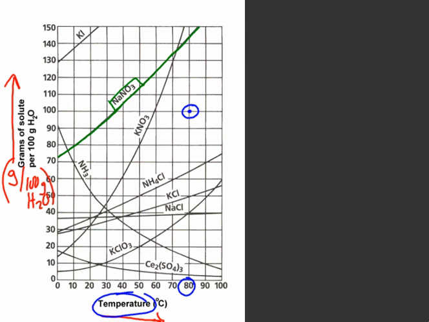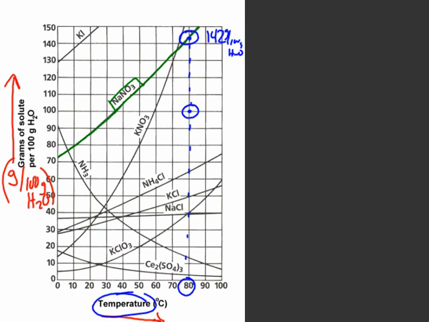At that temperature, 80 degrees, I would travel all the way up until I come across the saturation point at 80 degrees Celsius. In this case, it would be about 142 grams per 100 grams of water. That's the solubility at 80 degrees Celsius.